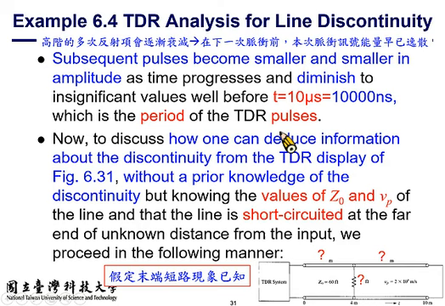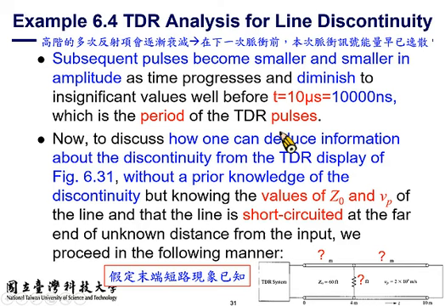So in practice, in actual application, we usually need to deal with a case of unknown discontinuity on the transmission line. So again, we will proceed with example 6.4.